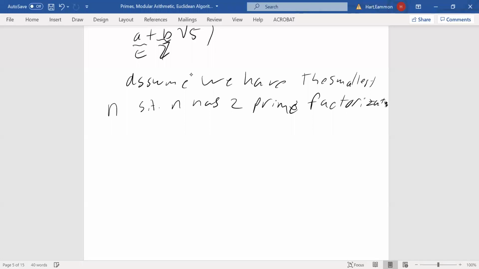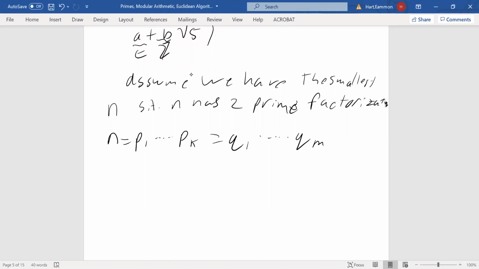It's pretty easy to see that a prime factorization will exist, because either it's prime or it's composite. But we're just going to try to show the uniqueness here. So assume we have n such that n is the smallest, therefore n is equal to p1 times all the way through pk, and that's equal to q1 times all the way up to qm, we'll say.